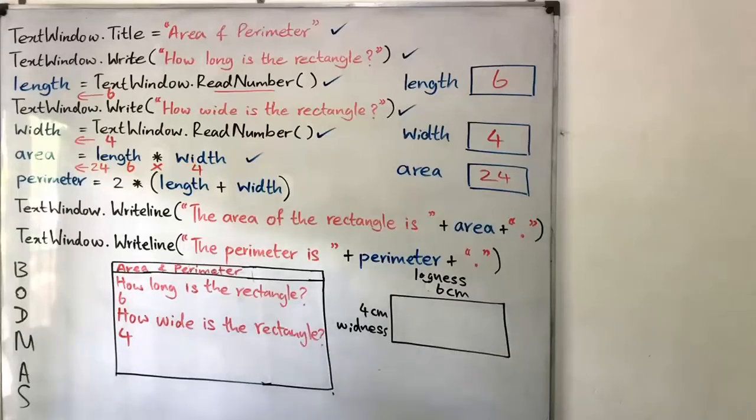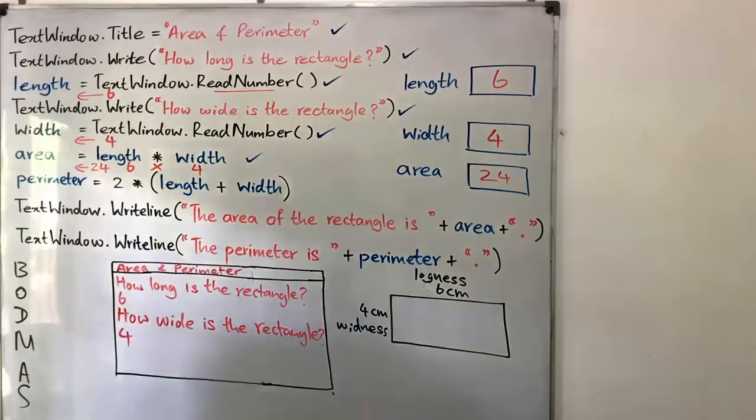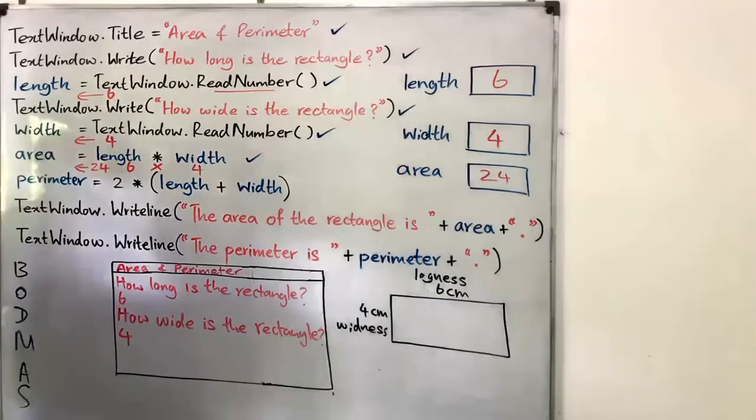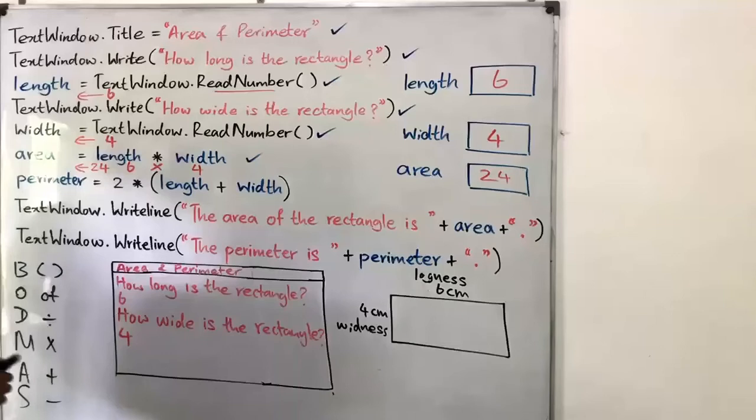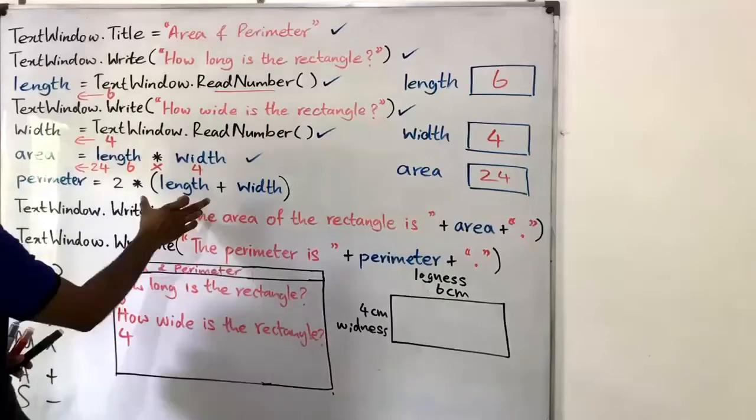So BODMAS means brackets: first priority should be given to the brackets, then of, then division, multiplication, addition, subtraction. These are called the priority list of operators, operator precedence. So here in this expression also we should give our first priority to the bracket.